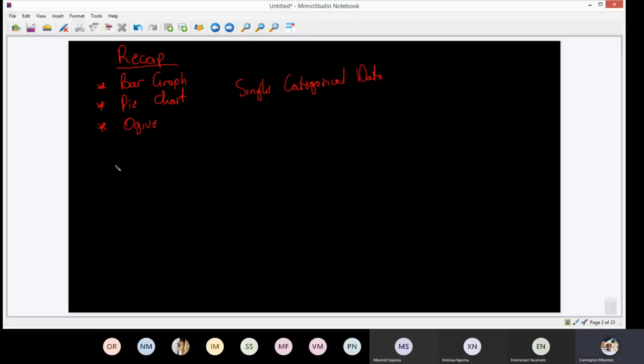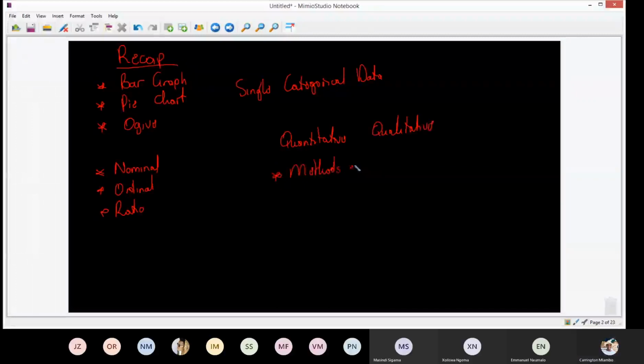We also talked about types of data, nominal, ordinal, ratio. We also discussed quantitative and qualitative data, and methods of collection of data.